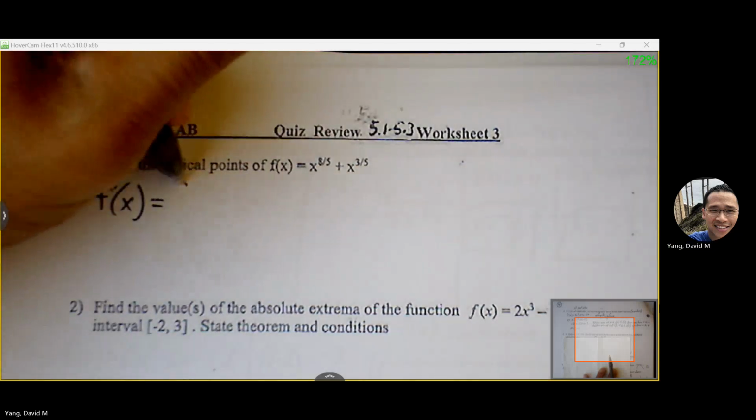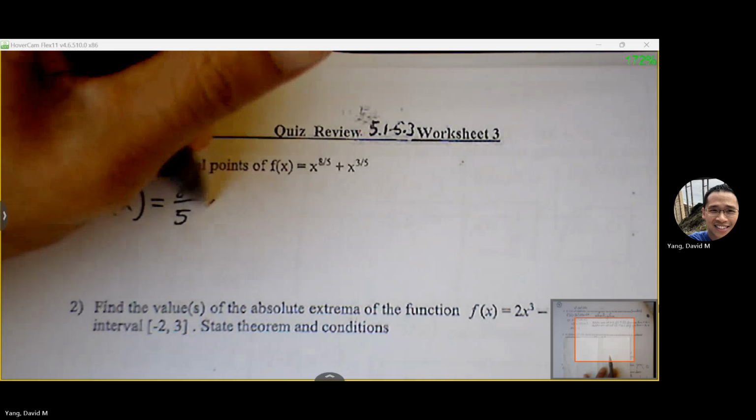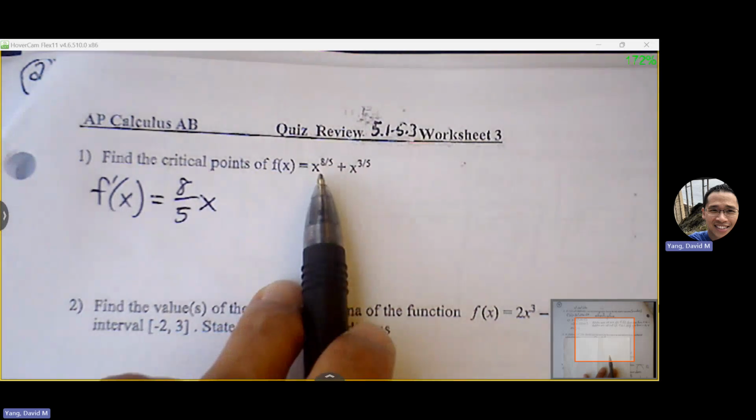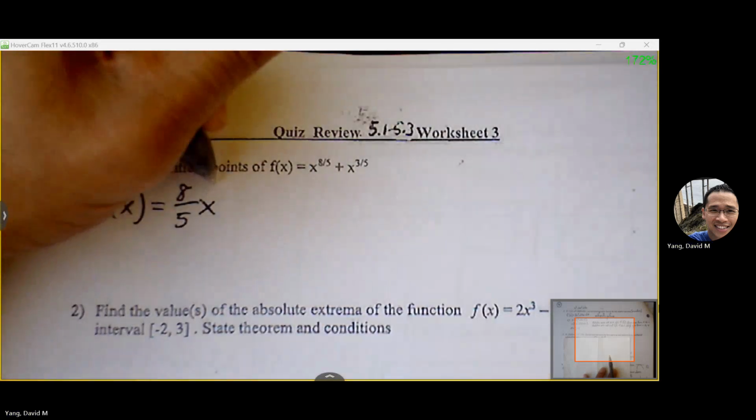Power rule. I got to subtract 1 from the exponent, right? So -1, which is the same thing as -5/5, which is what?